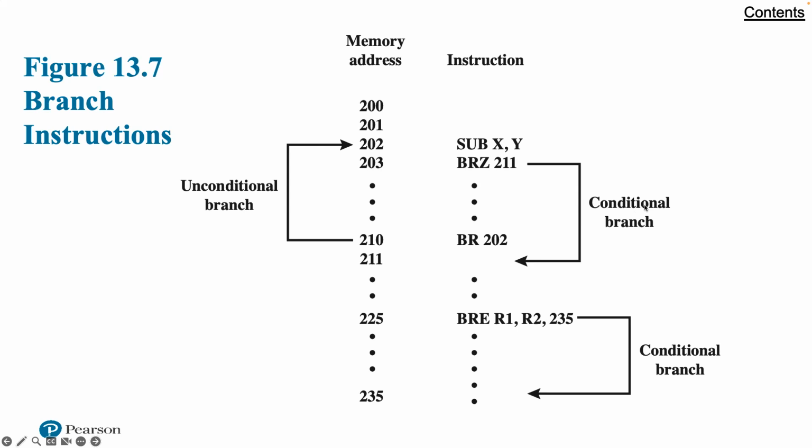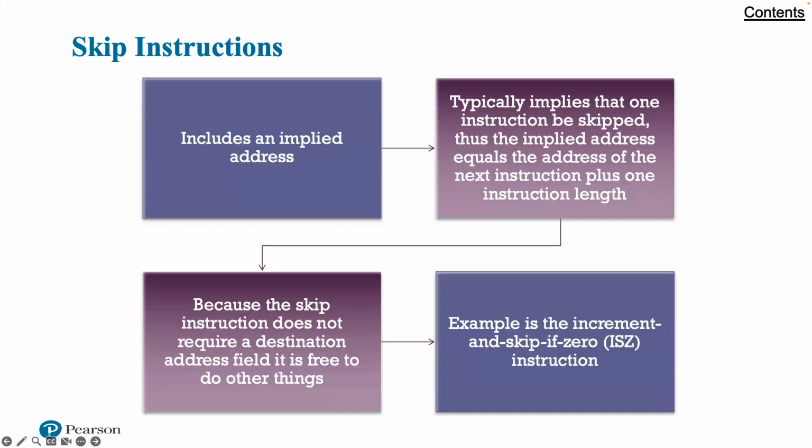You can have a conditional branch of one type or another. So say if the result is 0, so it branches, otherwise it doesn't, or branch if equal. These are the types of things that you can be laying out for possible ways of going from one location to another.